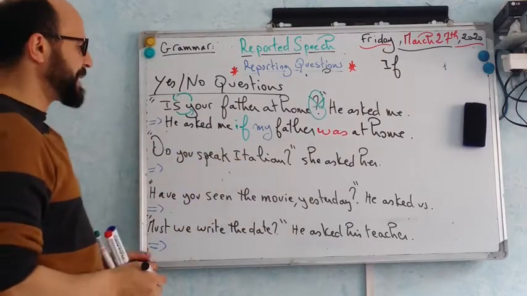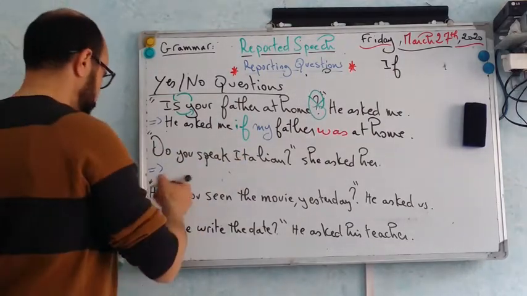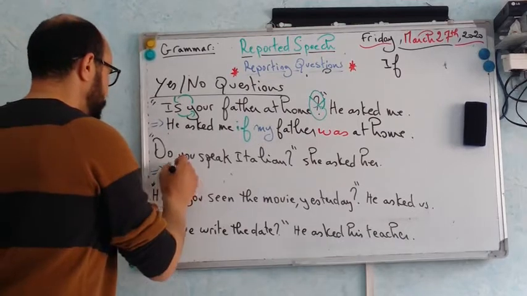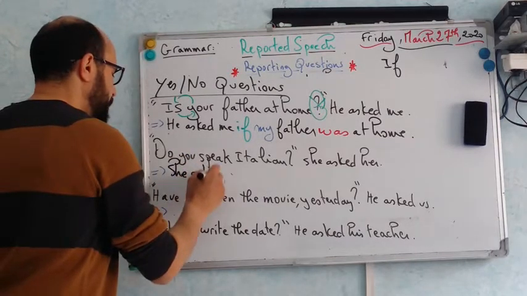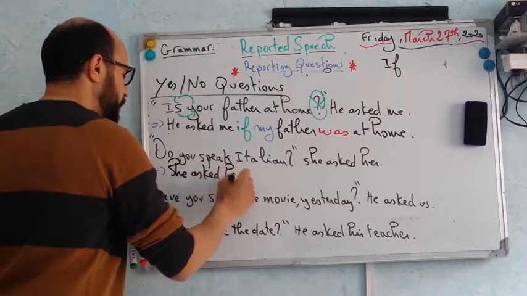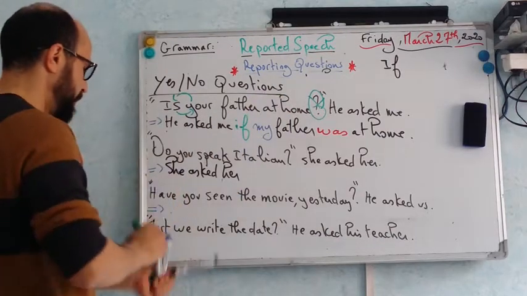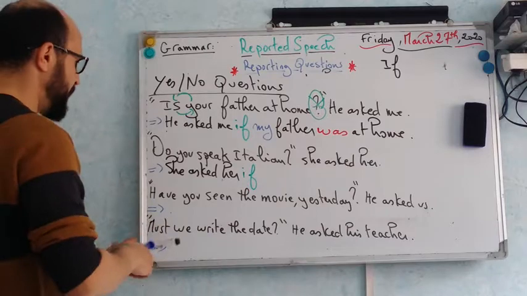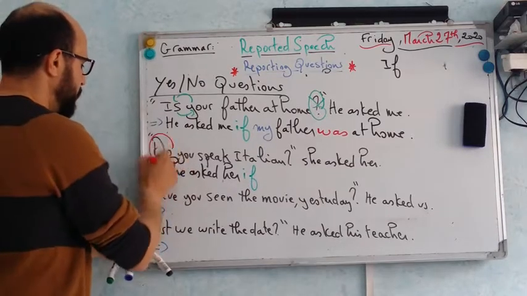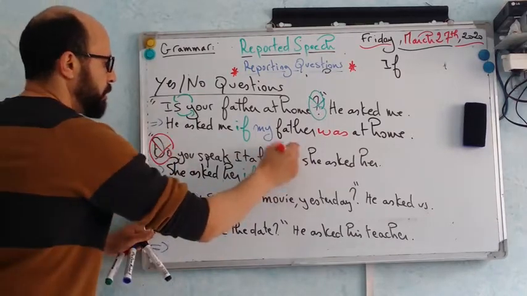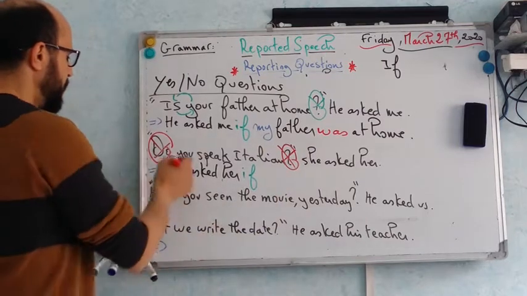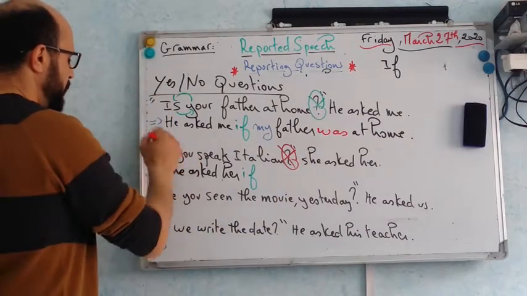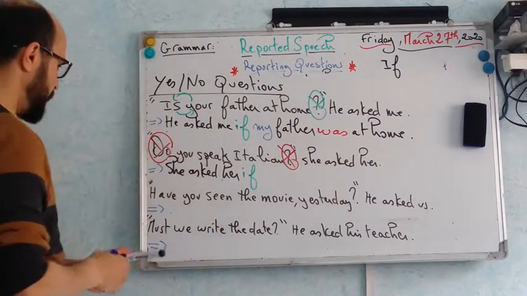Do you speak Italian? She asked her. Good. The word if. So we have here the use of the auxiliary verb do. We don't need it anymore. We don't need the question mark. After we omit do, there is no inversion.